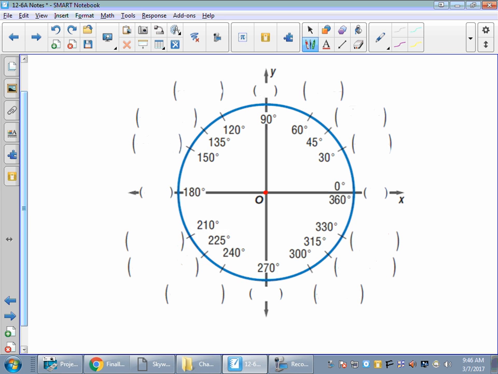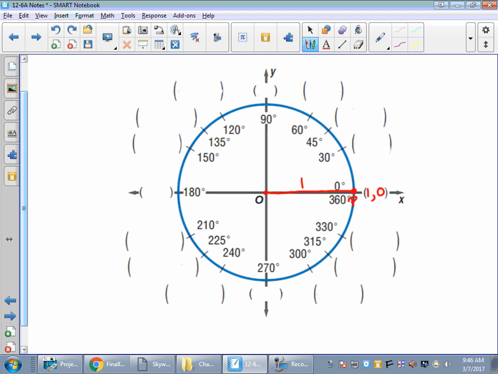And so if I look at my radius coming over to 360 or 0 degrees, my radius is 1 whole unit. This represents point P. Where point P is located, it went over 1 to the right, and it didn't go up or down any.